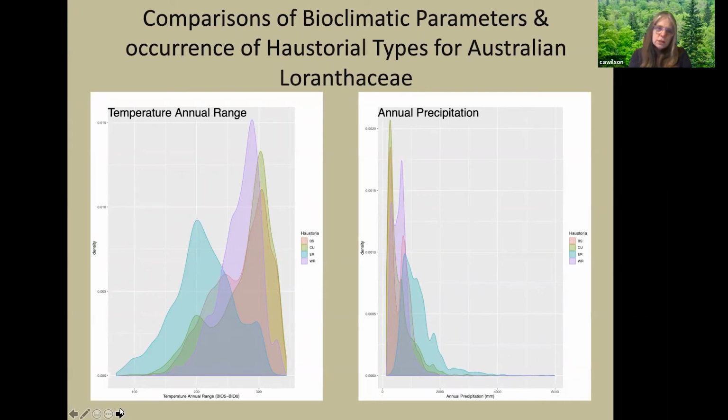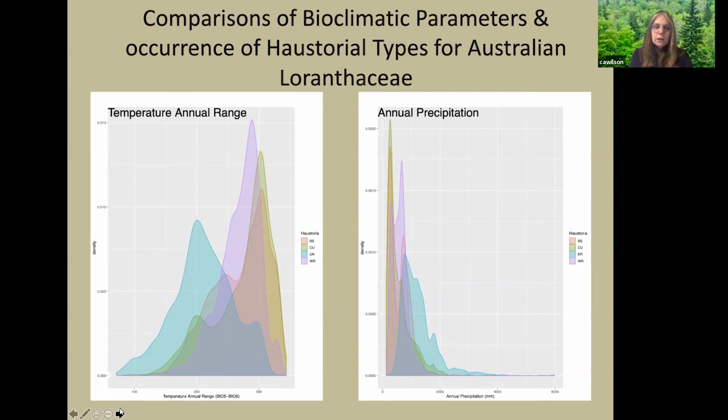In other words, is it just the host trees that are affected, or do we also find that different kinds of mistletoes can do better in different environments? And in fact, we have quite a little bit of evidence that is just now being analyzed, showing that mistletoes, besides occurring where their host trees occur, they're also influenced by the environment.